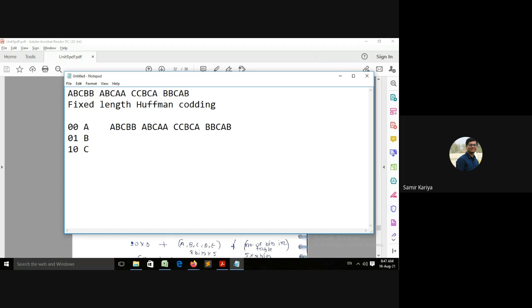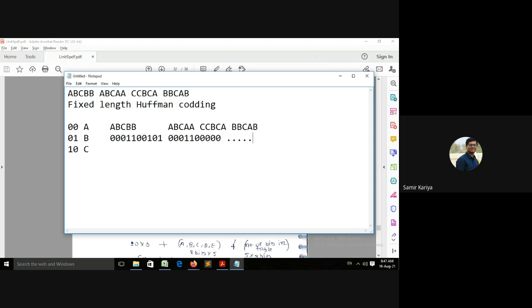Then we require 2 bits each, something like 00, then B, 01, C, 10, again BB. So that's 5 characters. Then again 00, 01, 10, 00, 00. Then this one, and so on.